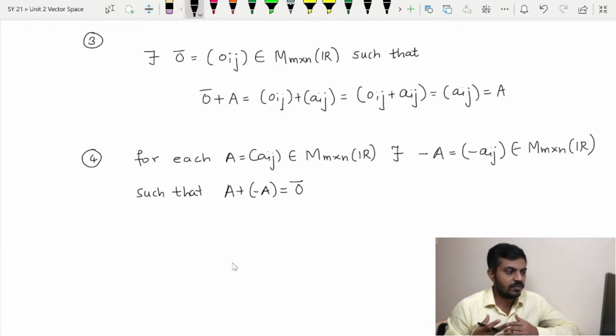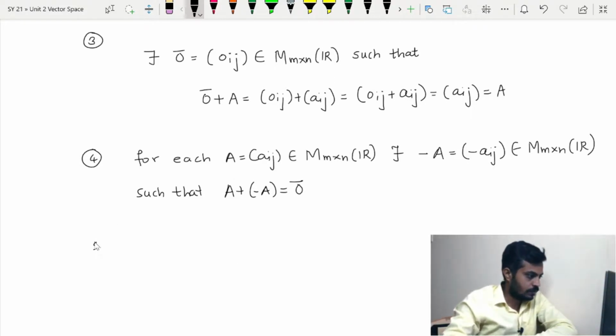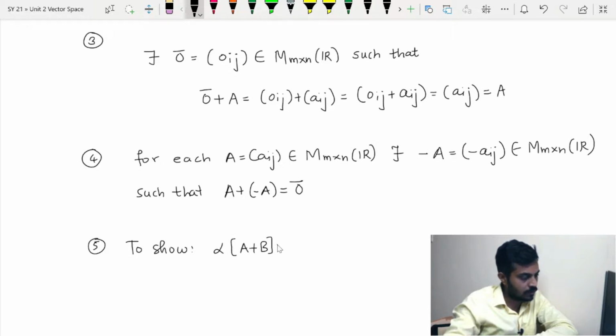Now we will move towards the fifth property. From this property onwards, the properties of scalar multiplication start. So for the fifth property, to show alpha inside the bracket a plus b is equal to alpha a plus alpha b.